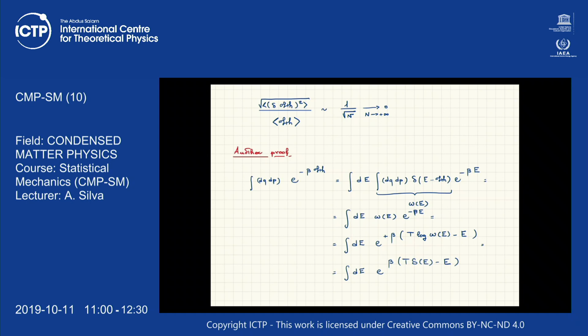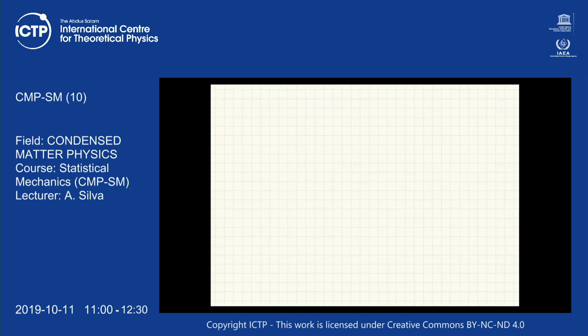Now, this integral is in the lucky form of an integral that can be done by the saddle point approximation. Why? Because both S and E are extensive. So let me make a green parenthesis, saddle point.